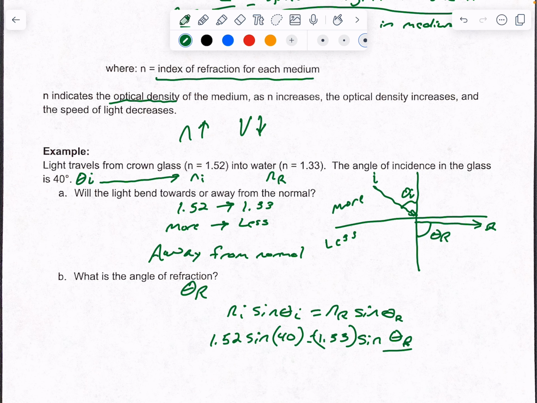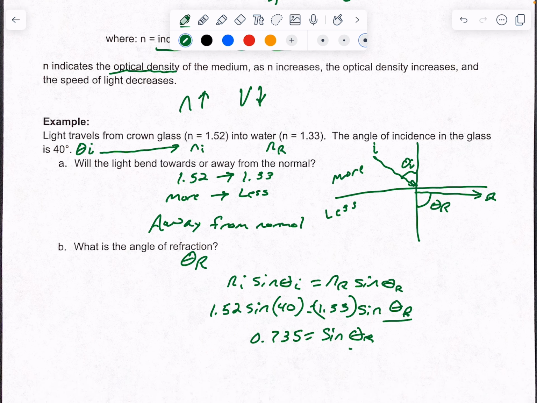And then mathematically, what I would do is I would solve the left side. So in my calculator, I would put 1.52 times sine of 40, get an answer, and then go ahead and divide that by 1.33 to get that off the side. And that'll give you 0.735 equals sine of theta R. Okay, now I want theta R, and that sine is in the way.